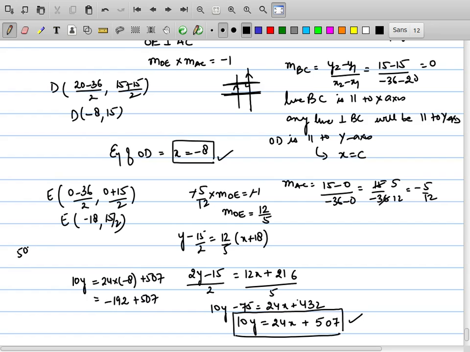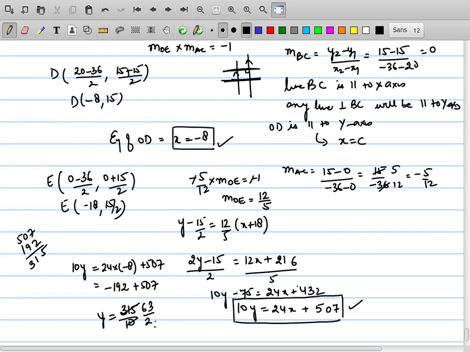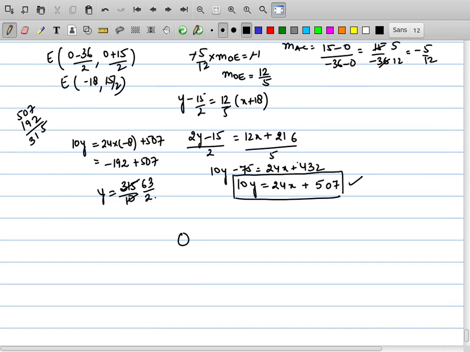So we'll subtract this. We get 315. 315 upon 10 is y, which is 63 by 2. And x is obviously minus 8. Therefore, the circumcenter of the triangle is (-8, 63 by 2).